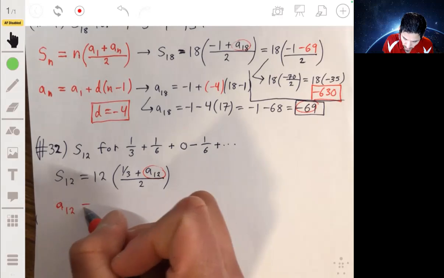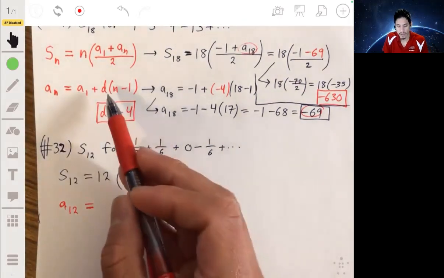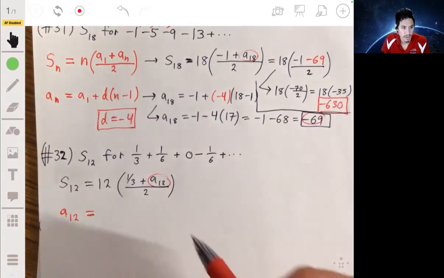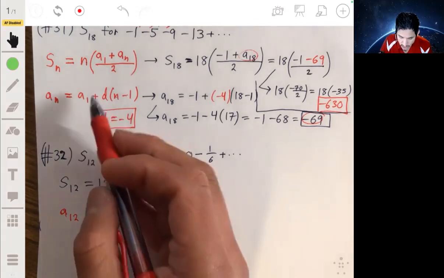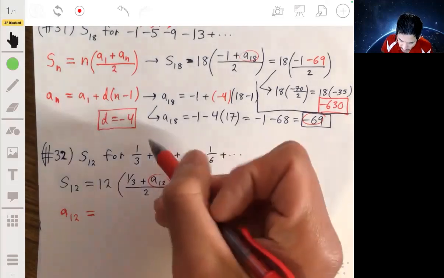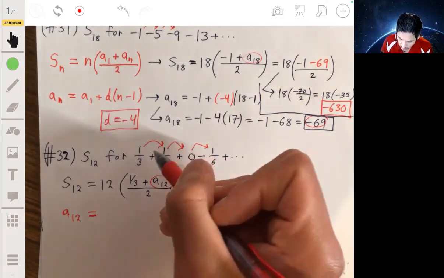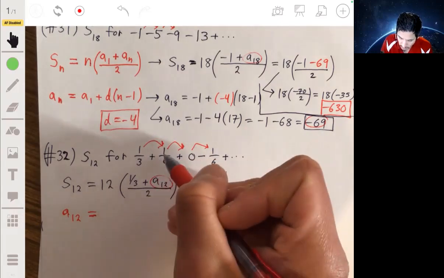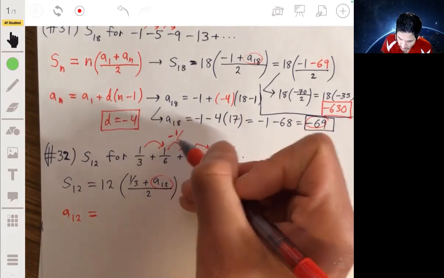Using our equation for the nth term, A12 would be A1 plus D times n minus 1. So let's figure out what the common difference would be. What are you going down by each time? Maybe it's a little hard to go from 1/3 to 1/6, but going from 1/6 to 0, you know it's going down by 1/6.